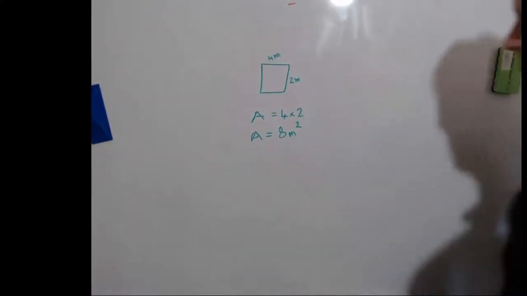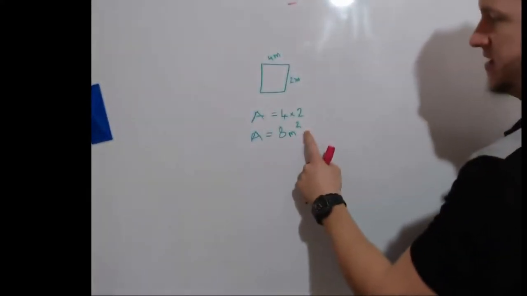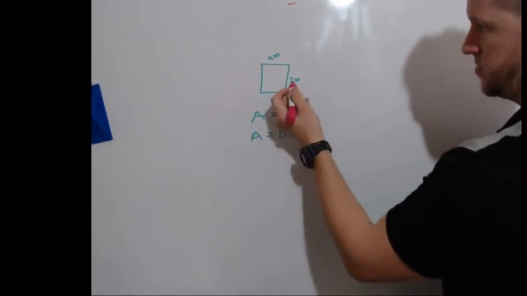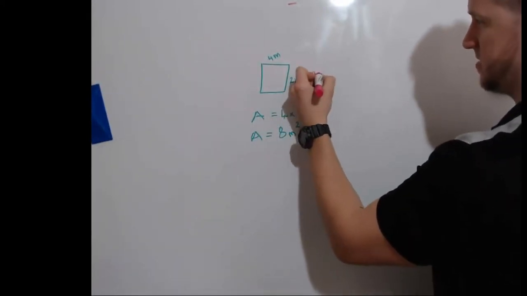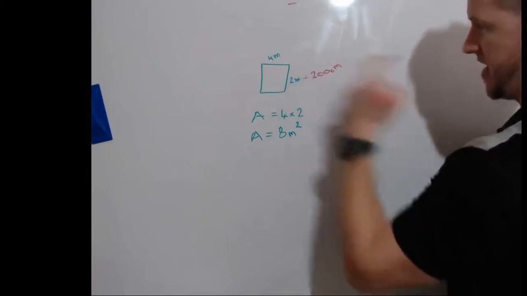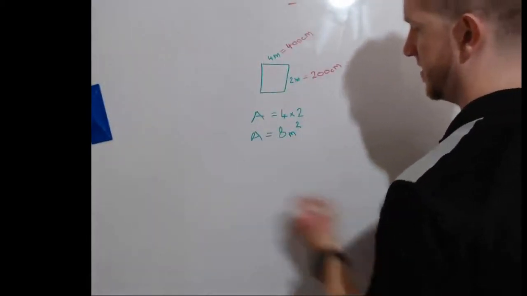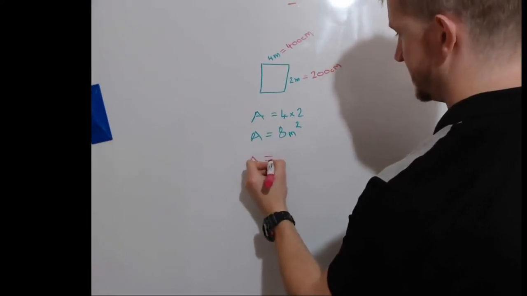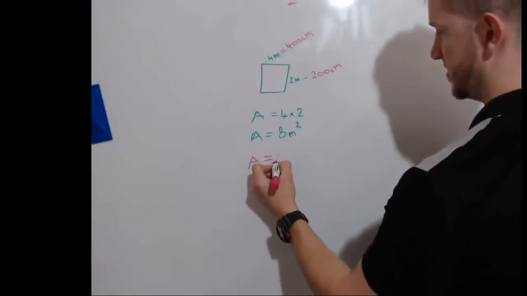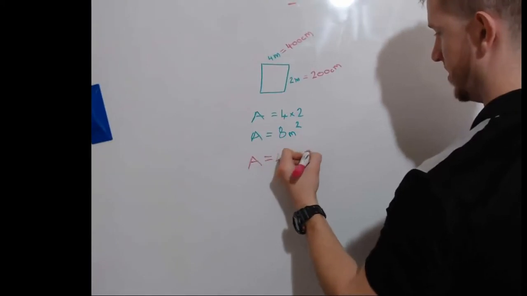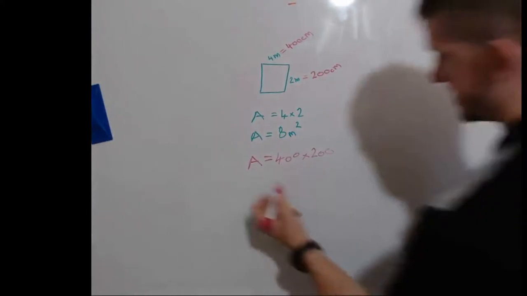The reason it's not the same is because we're talking about meters squared, not just a length. 2 meters is actually 200 centimeters, and 4 meters is 400 centimeters. So then the area in centimeters is length times width, which is now 400 times 200. So you can see that that's very different.